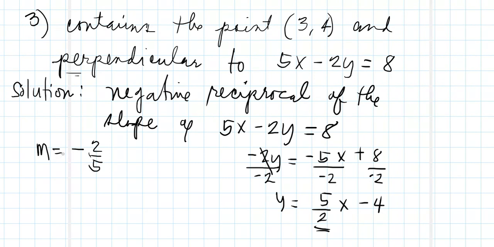So now that we have the slope negative 2/5, we replace m by negative 2/5. Then x sub 1 equals 3 and y sub 1 equals 4.